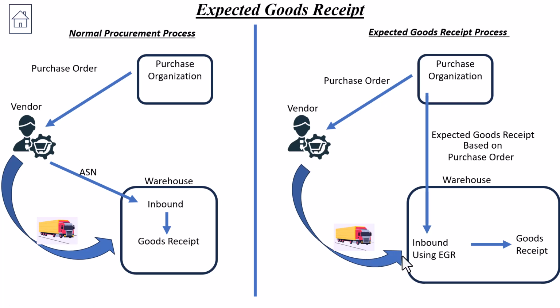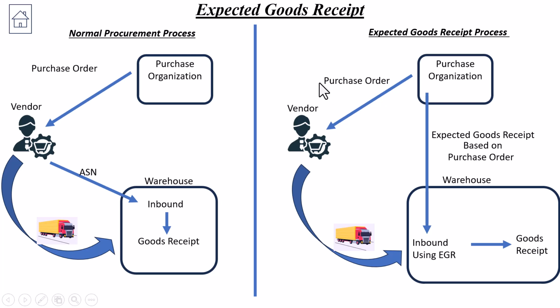So how can we receive the goods? Do we have to know whether we really placed that purchase order, or with reference to what can we receive the goods? Expected goods receipt is based on the purchase order or on the manufacturing order. Here we are pulling the expected goods receipt from the ERP system with reference to the purchase order.